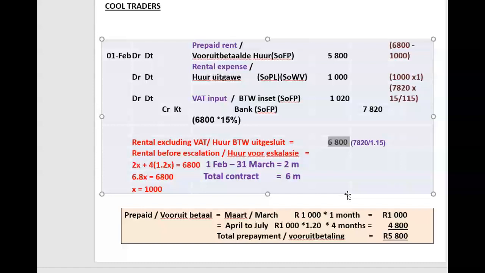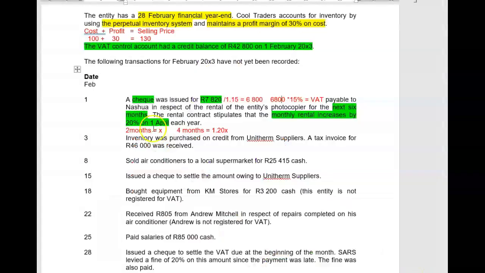The creditors control account will be VAT inclusive because that is the amount that we owe the creditors and that is our commitment that we have to honor. And then obviously the VAT control account is the VAT portion which we actually have to pay or receive back from the receiver of revenue. But that's all. All other assets will be VAT exclusive. All other liabilities will be VAT exclusive. And equity, everything there is always VAT exclusive. So remember that. That is extremely important.